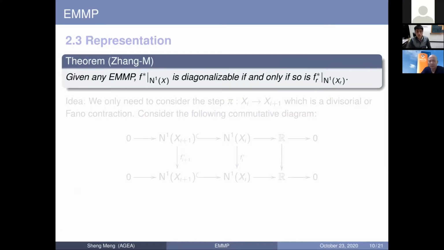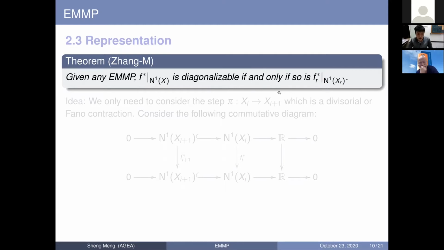Okay, so now we come back to look at the pullback action. Why the step-by-step EMMP? We can show that the pullback action on N^1(X) is diagonalizable if and only if so is the pullback action on the end product.